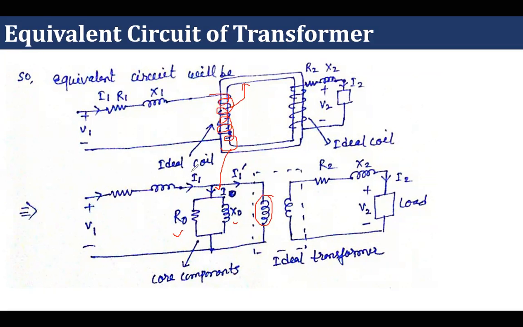So this primary current I1 is now having two components. I0 will go through this core component, and I1 dash, which is due to the secondary side current, will go through the ideal primary coil. So this is step number 2 in designing the equivalent circuit of transformer.